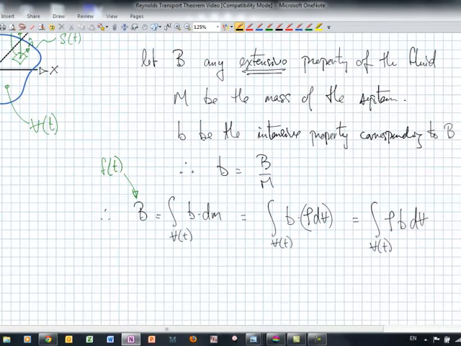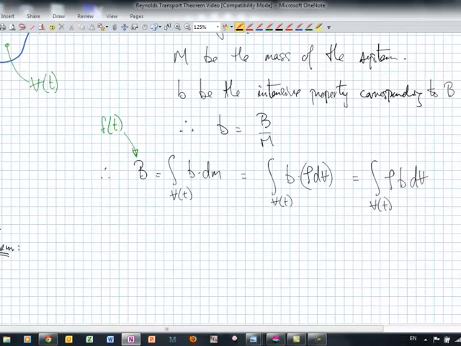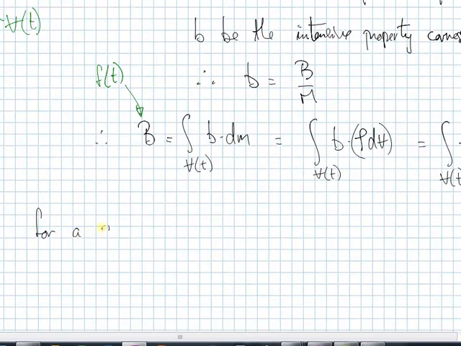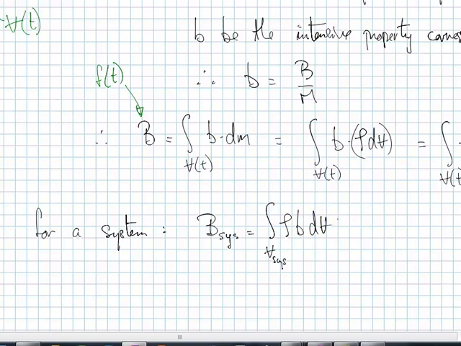So let's look at that question first and have an example that shows that we might have a problem here for which we need this so-called transport theorem. For a system, the value of B of the system is equal to this integral that we have up there, which is the volume of the system times rho times b dV.